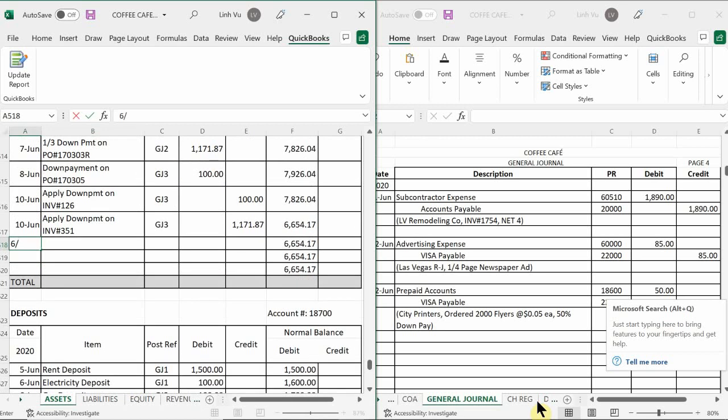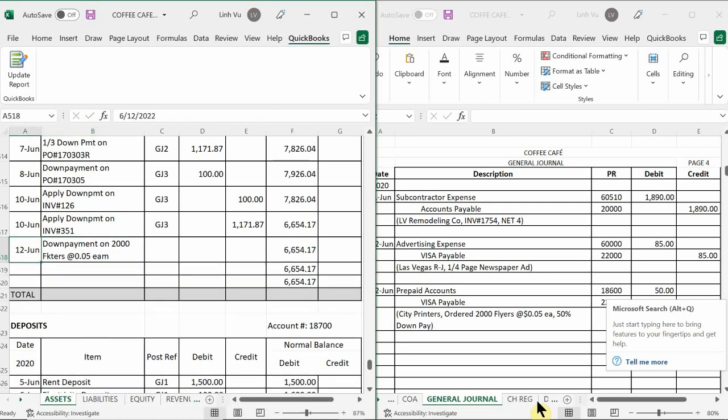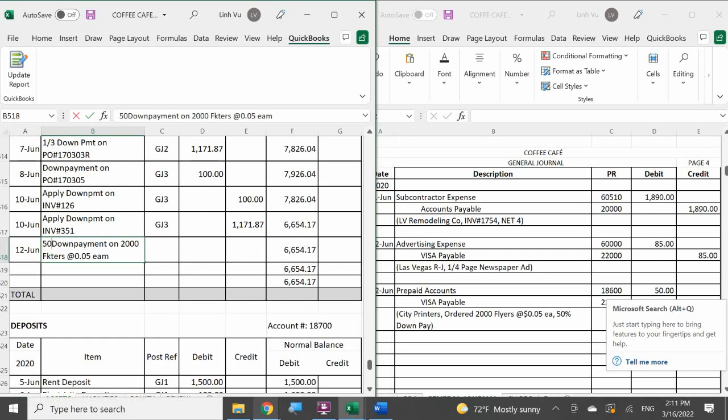It is the 12th right now, and we had a down payment on 2,000 flyers at 5 cents each, $50. 50% down payment on 2,000 flyers, 5 cents each.